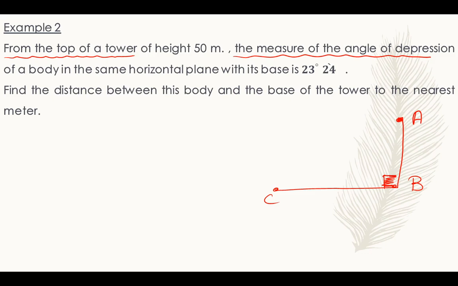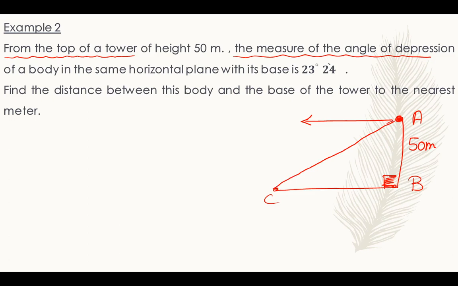From the top of a tower of height 50 meters, so the height of the tower is 50 meters, the measure of the angle of depression of a body in the same horizontal plane. To draw the angle of depression, we draw a horizontal ray parallel to BC, and we draw the ray from the observer to the object.